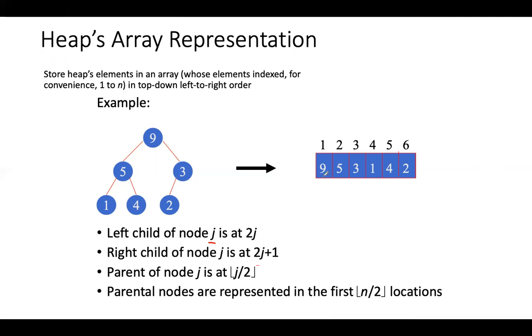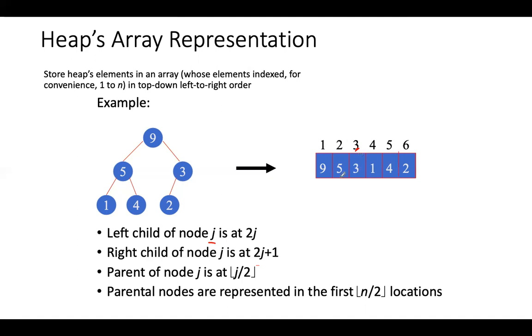For example, 9 is a node. Its left child and right child, where they are present, you can find out. Left child is at 2J, J is the location, so 2J is nothing but 2. Right child is 2J plus 1, that is 2 into 1 plus 1, that is 3.